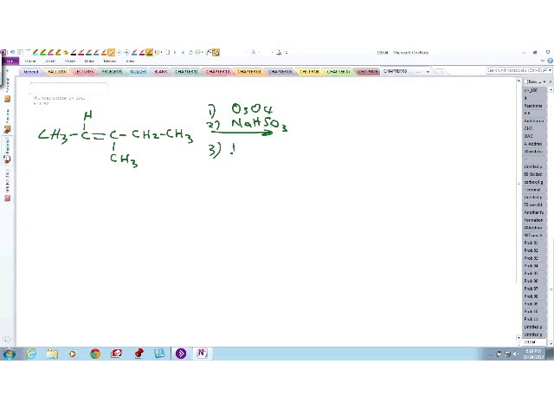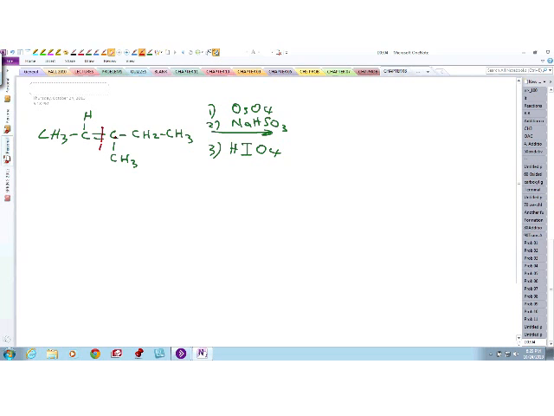Very good. And then you follow that always with the periodic acid. Then you are going to get the cleavage of this carbon-carbon bond, so that this carbon here becomes the carbonyl of what class of compound? Of an aldehyde.